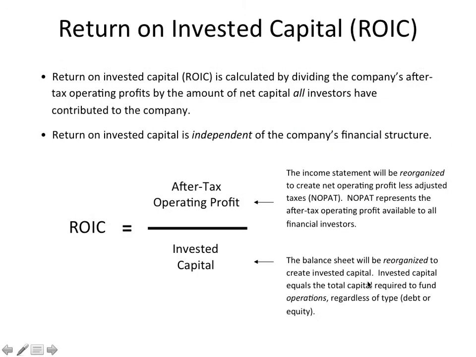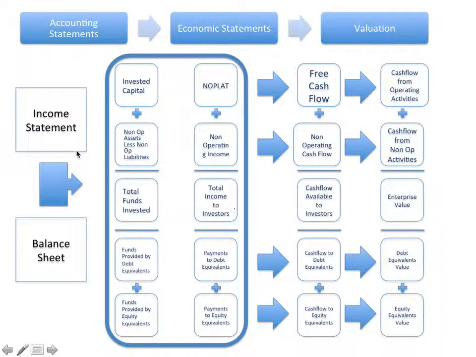Right? We're going to do the same thing with the income statement. Everything that's operating on the income statement, NOPLAT. Everything that's non-operating on the income statement, non-operating income. Add the two together, the statement is going to be called TII, Total Income Available to Investors.